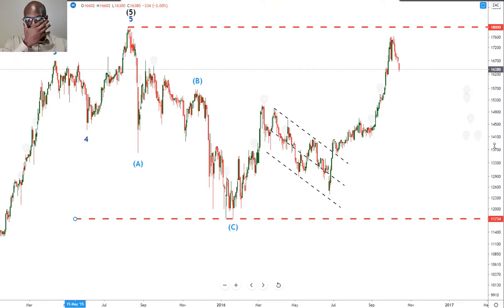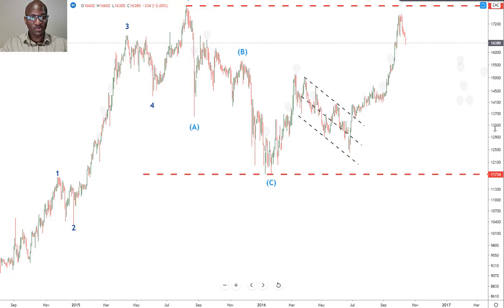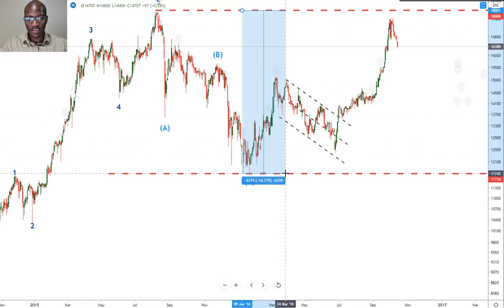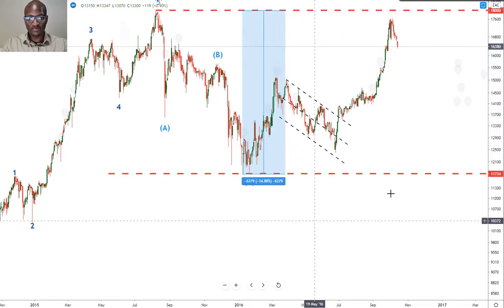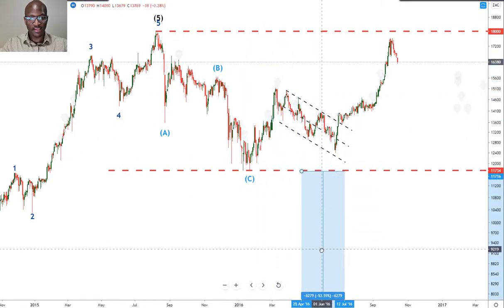Now, if we had forecasted this as a double top, what would be the price implications? Well, to forecast where a double top will terminate, we have to take the length or the price length from the peak to the neckline and project it from the break of the neckline.